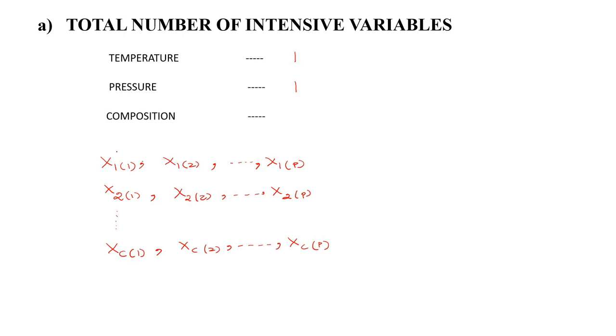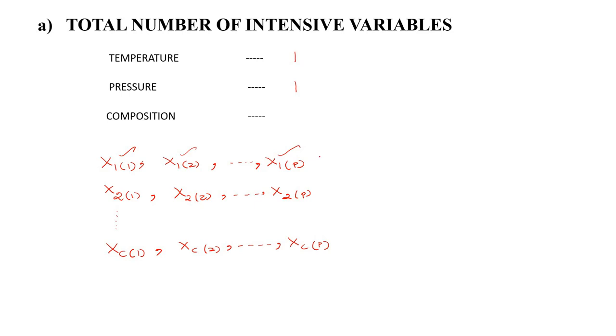So mole fraction of component 1 in phase 1, mole fraction of component 1 in phase 2, component 1 in phase 3, component 1 in phase 4, similarly component 1 in phase P. For each phase we have a mole fraction term for component 1. Similarly for each phase we have a mole fraction term for component 2.